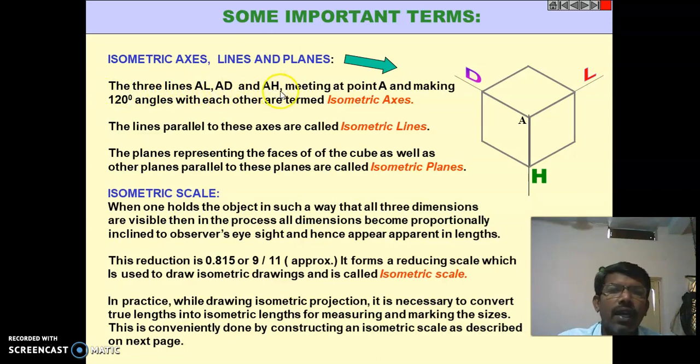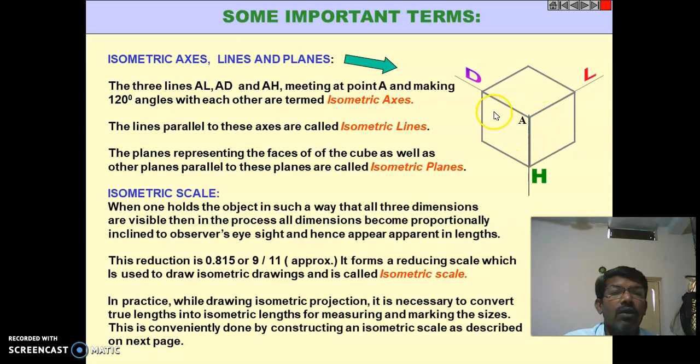Here you can see this is AL, this one is a line, AD is one of the lines, and AH is another line. These are the three major lines, which implies the angle DAL, or angle LAD, is equal to 120 degrees, DAH is 120 degrees, and HAL or LAH is 120 degrees.